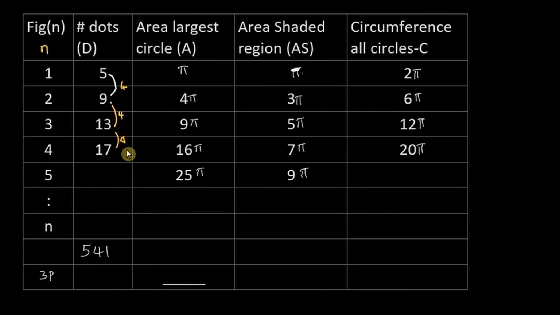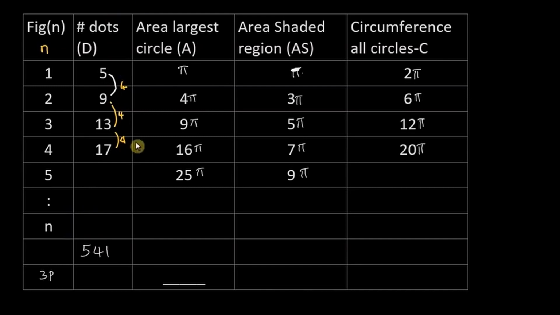So we can predict that the rate of increase is 4 times n, and in this case we merely need to add 1 to get the number of dots. So we could almost just as easily write an equation relating dots and n.